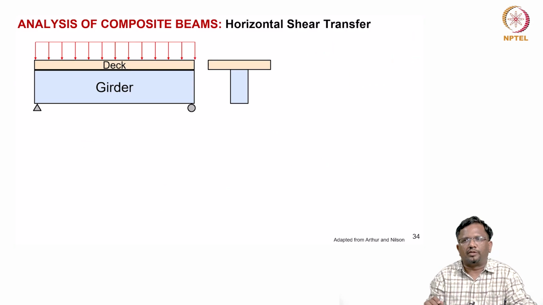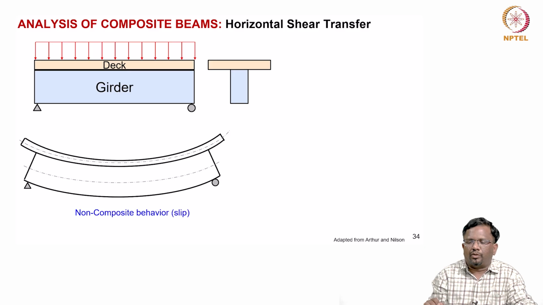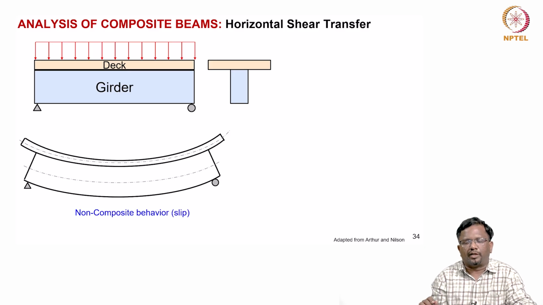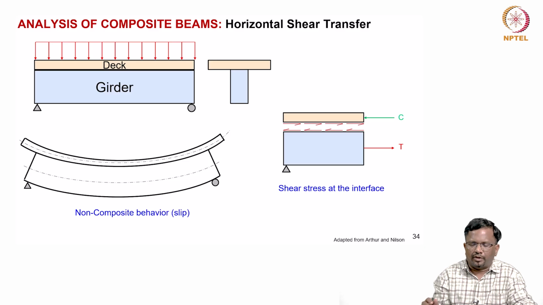Now, another concept is horizontal shear transfer. Why is it important? If you see here, when the deck and girder act together, if there is going to be a slip, then you are going to have this kind of deformation.